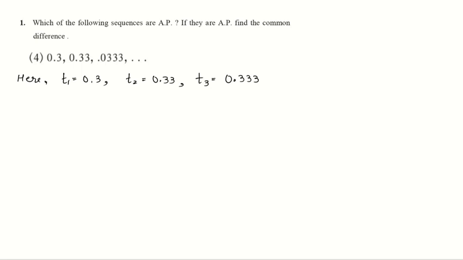If you see here, 0.3, 0.33, 0.333. Okay, so T1, T2 and T3 I have already taken, and we need to find the difference between the terms. So T2 minus T1 is equal to 0.33 minus 0.3.